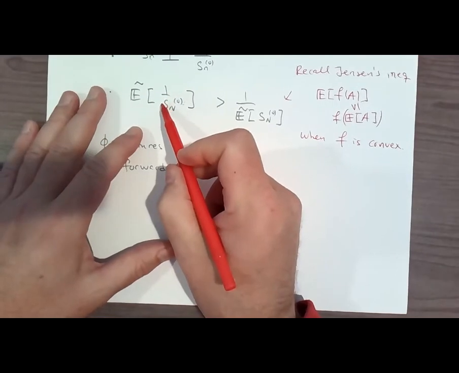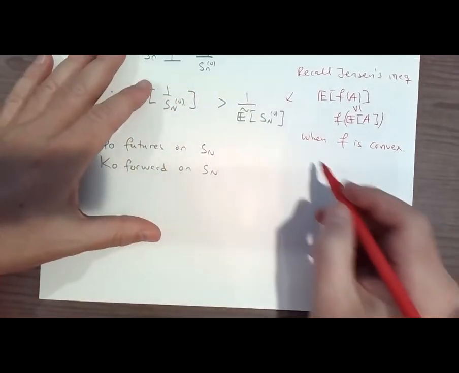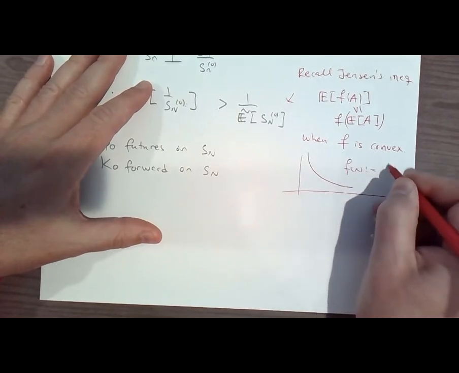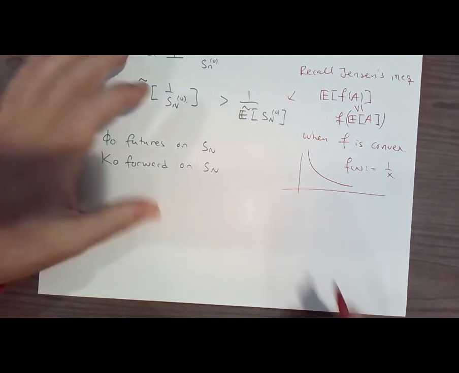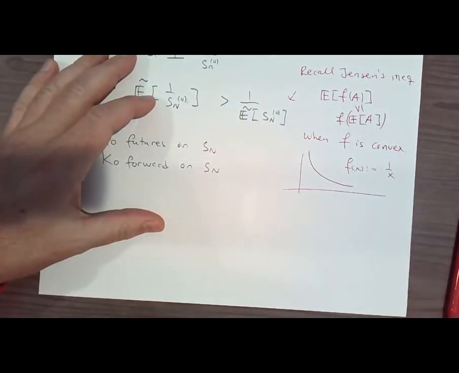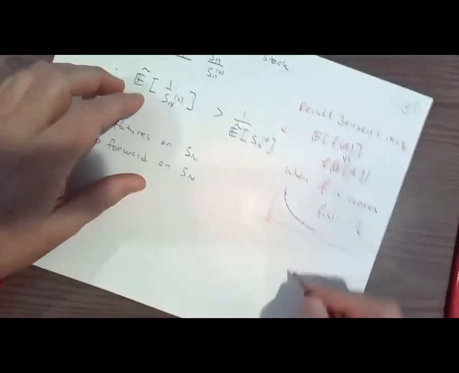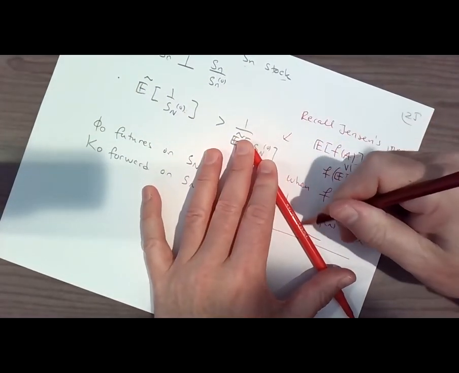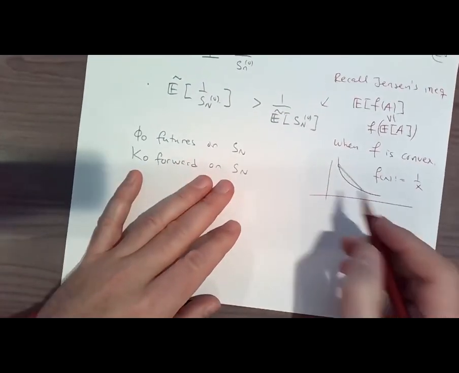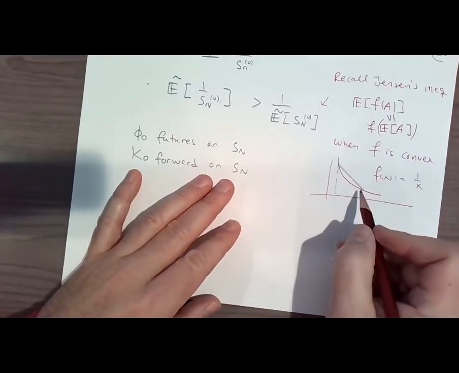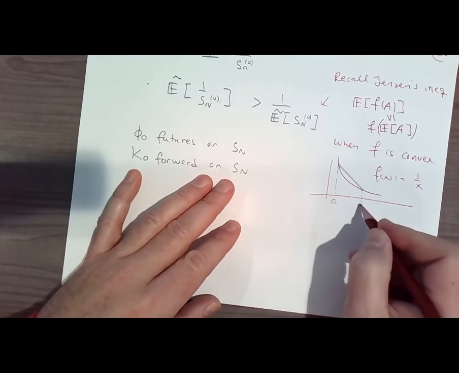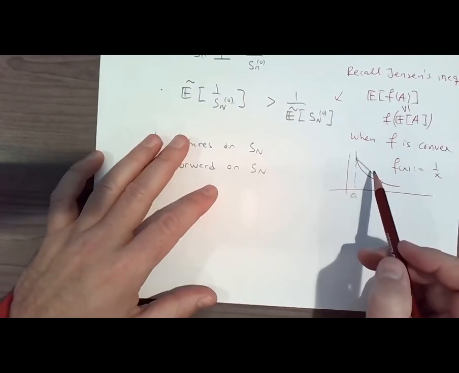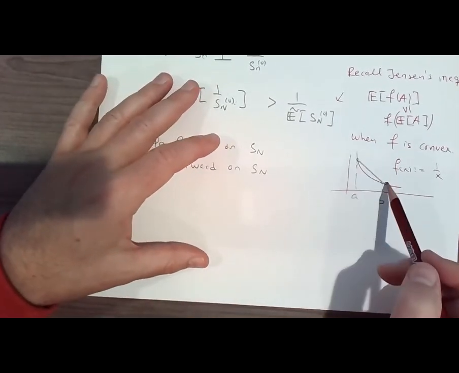So here, the function that we're looking at is 1 over x. And 1 over x looks like this. And this is convex, because you can take any two points, put a straight line in between them, and all the points in between on the straight line are at or above the function.